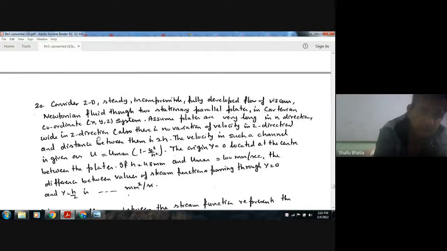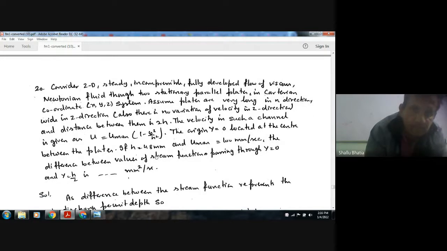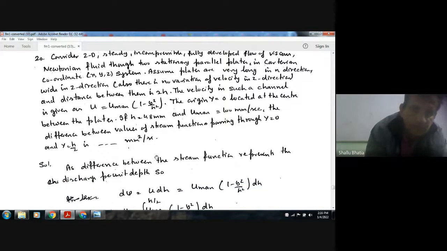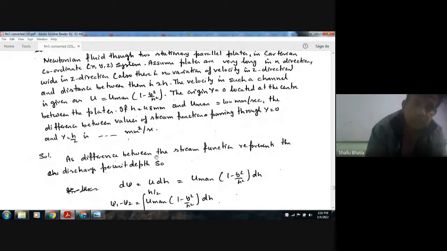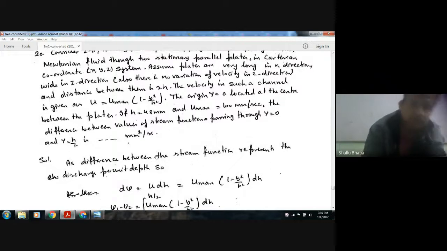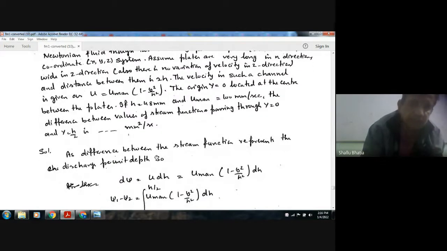Given that u is equal to u max by this. The stream function is nothing but the discharge per unit depth.